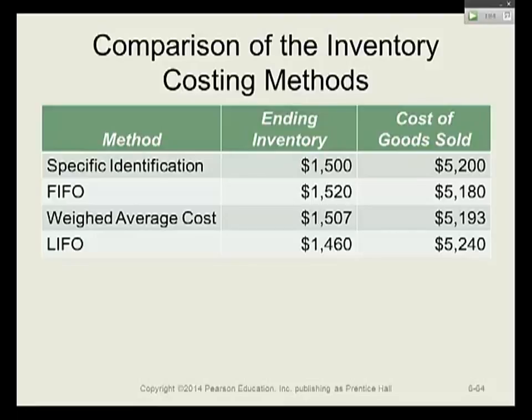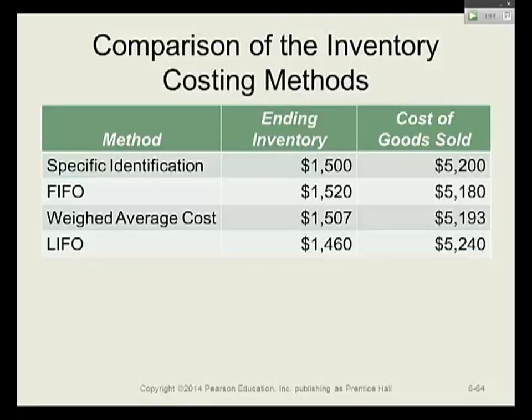So notice that the average cost falls in between the two extremes. When you look at your balance sheet, on the ending inventory, FIFO gives you the better balance sheet amount because it's as close as possible to current cost.